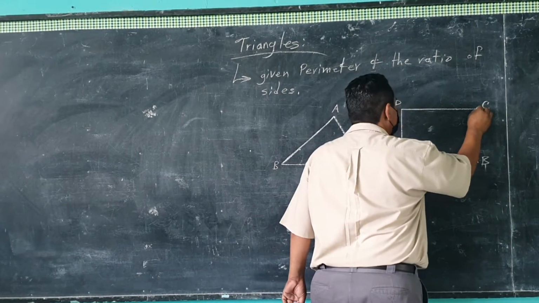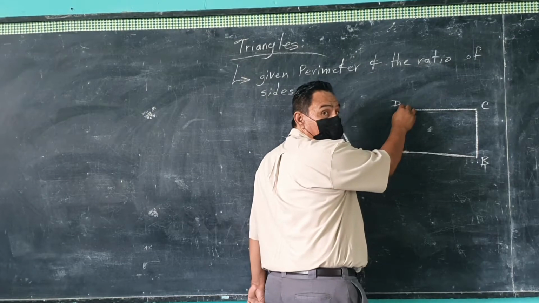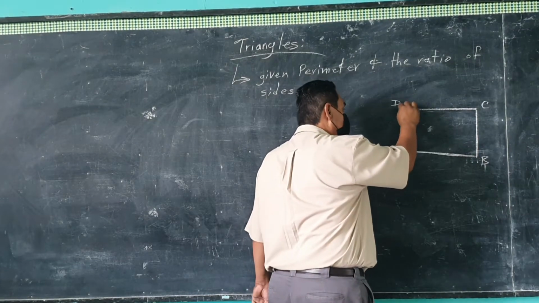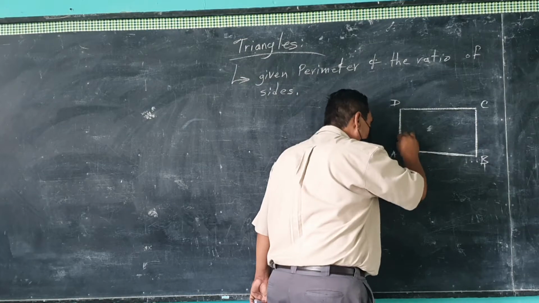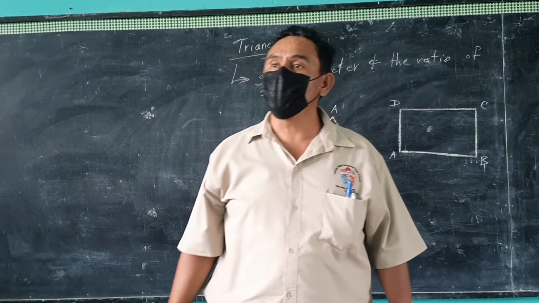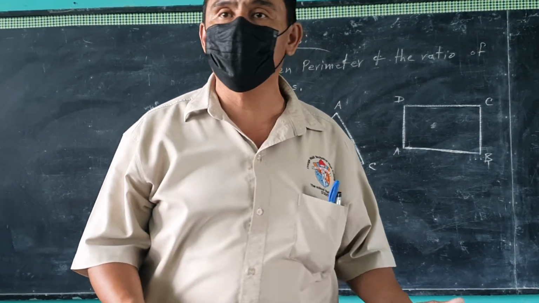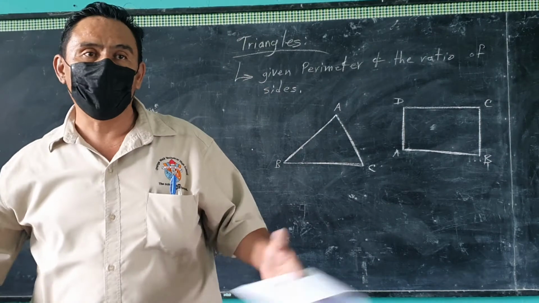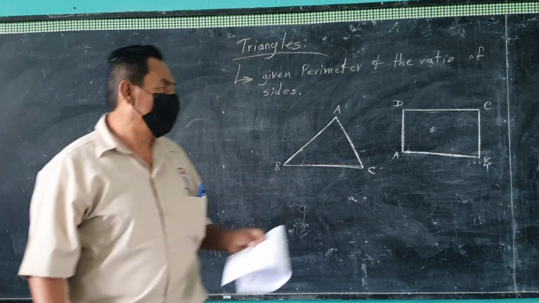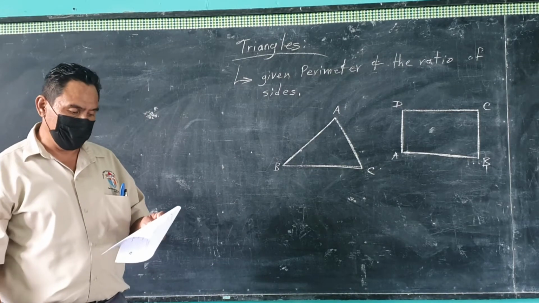And then C to D, that's another 10. So 10 plus 15 gives us 25. And then from D back again to point A, and that gives you a total of 30. Now you put the units, if it is millimeters, feet, whatever, right? So that is what we mean by the word perimeter.